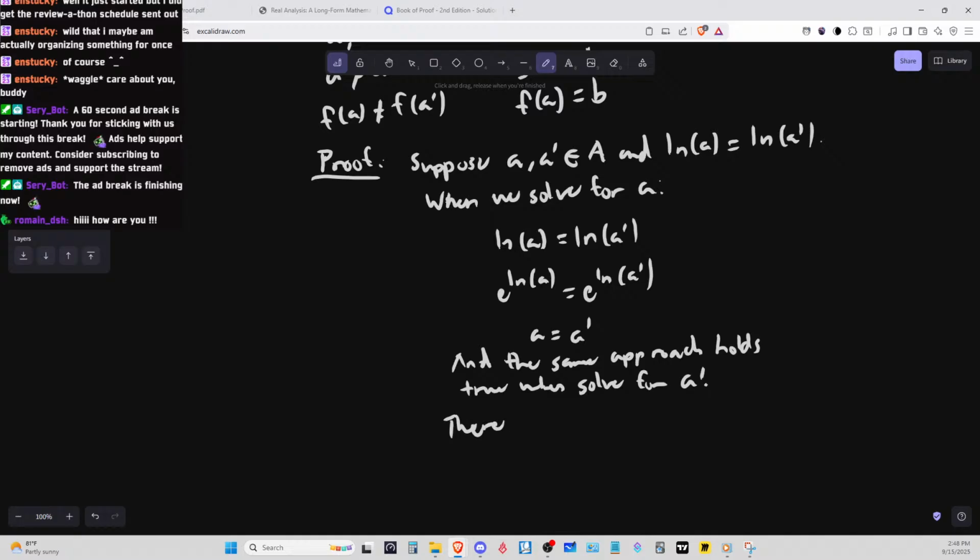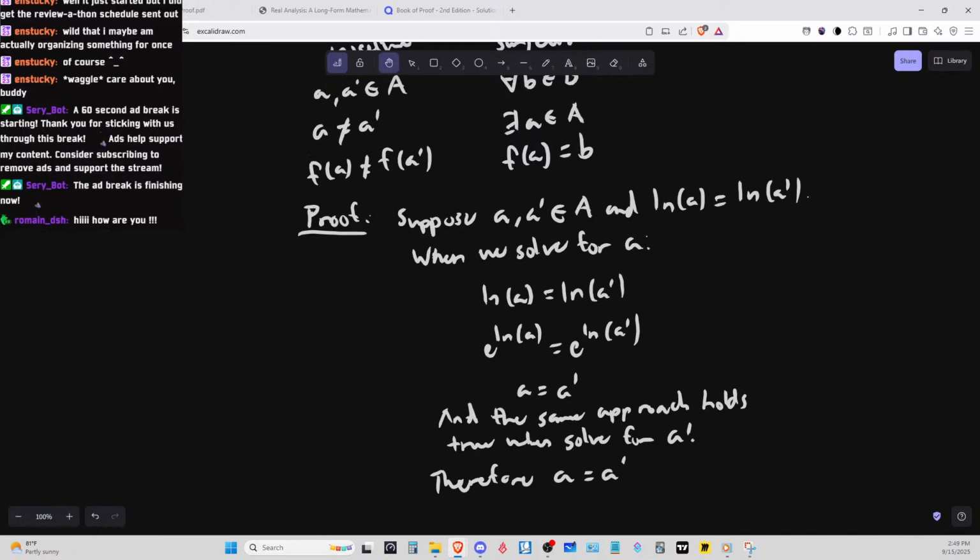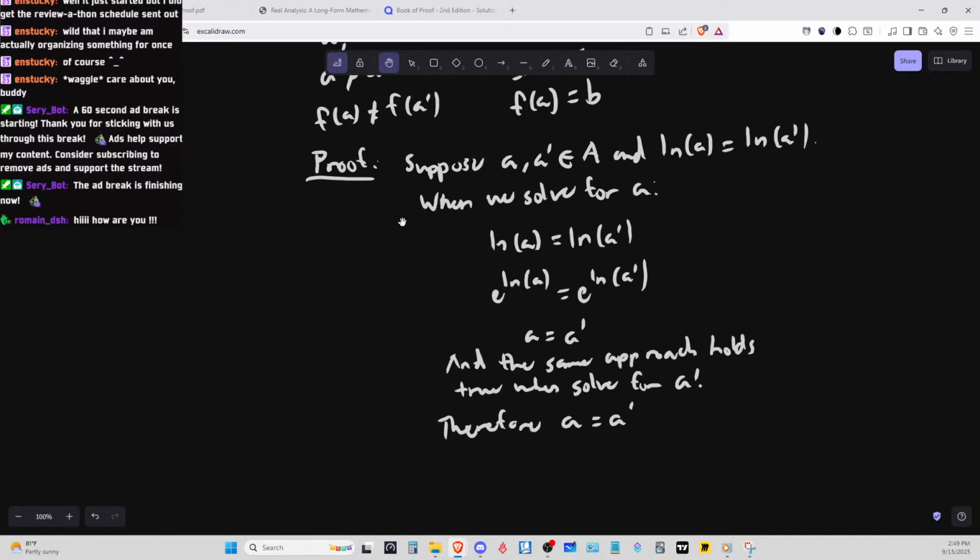Therefore, A is equal to A prime. So that proves that it's injective.